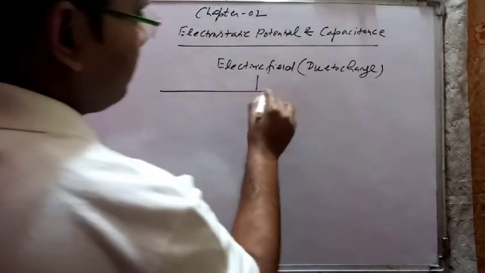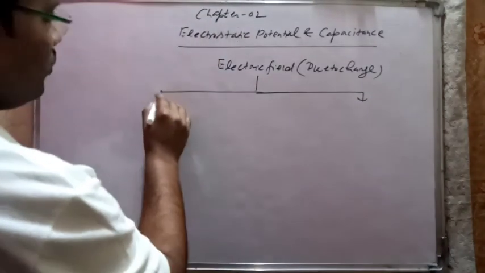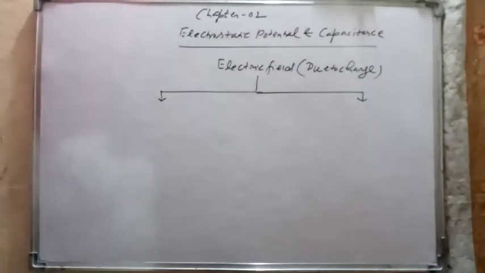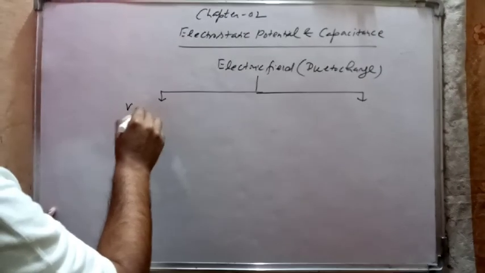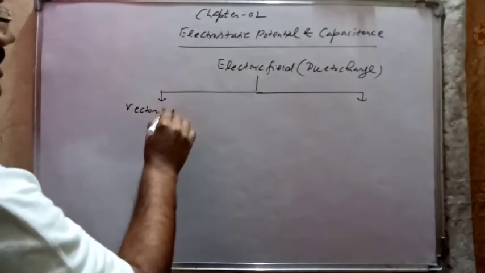And electric field is measured in two ways. First one is a vector measurement.